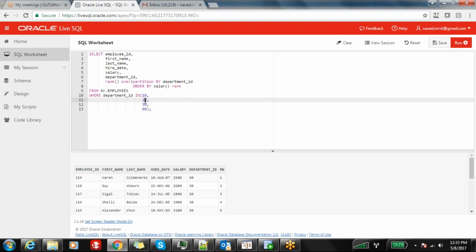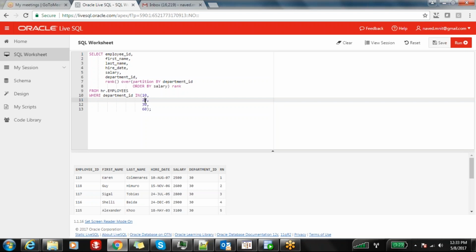In this session, we are going to cover the first three from that list. So we are going to cover the rank function, dense rank, and row number analytical function. These are the three analytical functions that we are going to cover in this particular session.